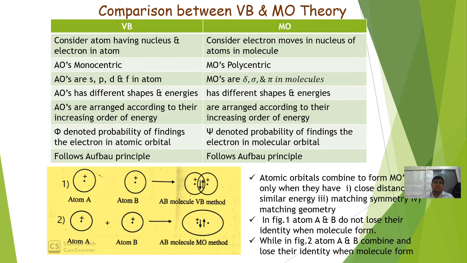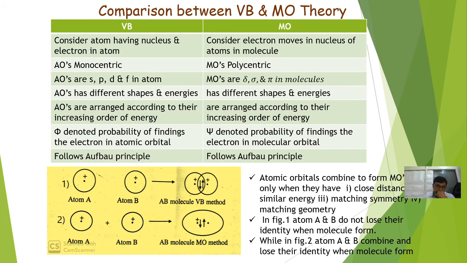In valence bond theory, the atomic orbitals are denoted by s, p, d, and f in atoms. Molecular orbitals are denoted as delta, sigma, and pi in molecules. According to VB, atomic orbitals have different shapes and energies.